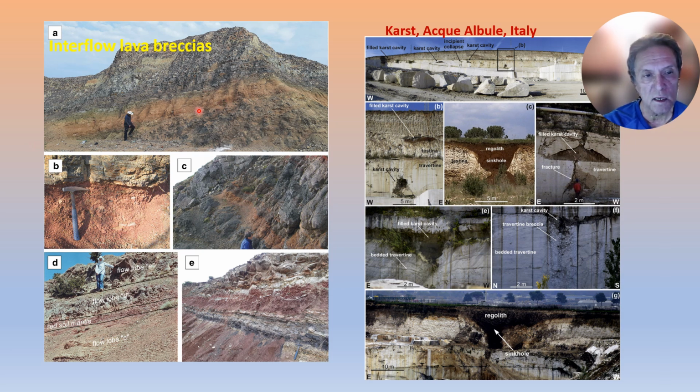It's crunching and grinding and crushing stuff in between the two flows, this older cooled down flow and this upper warmer or hotter flow. So you get a sort of a horizon that's composed of glassy particles which turn to clay-rich soils, crushed material.